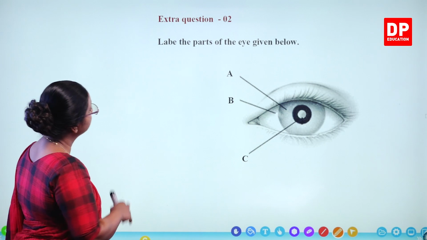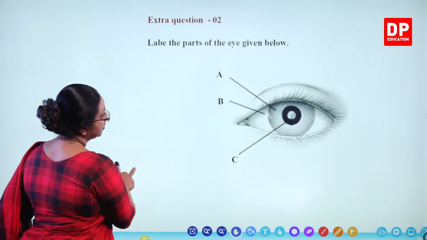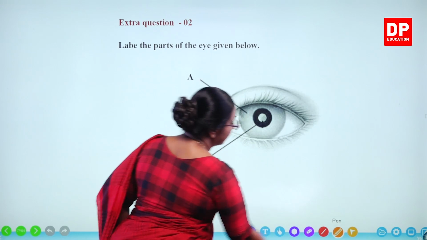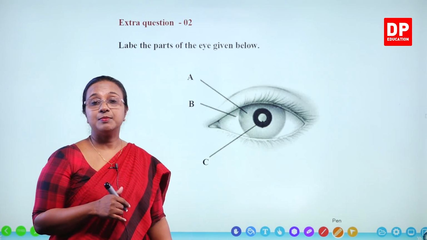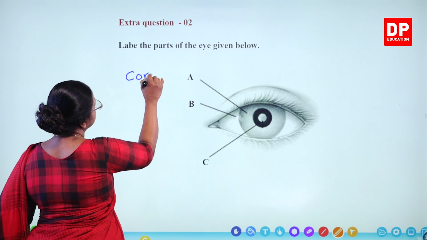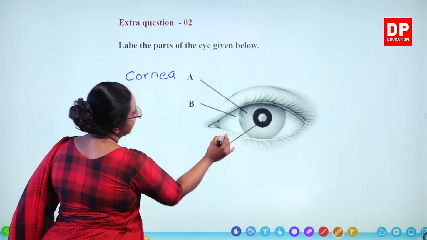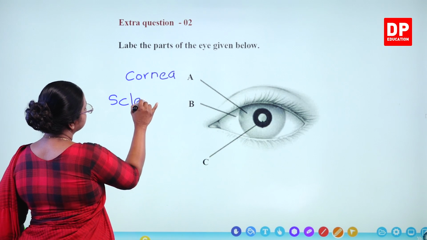Extra question 2. Label the parts of the eye given below. So, here you need to label the parts of the eye. First one is A. What is A? It is the cornea. Then what is B? This region, that is the sclerotic layer.